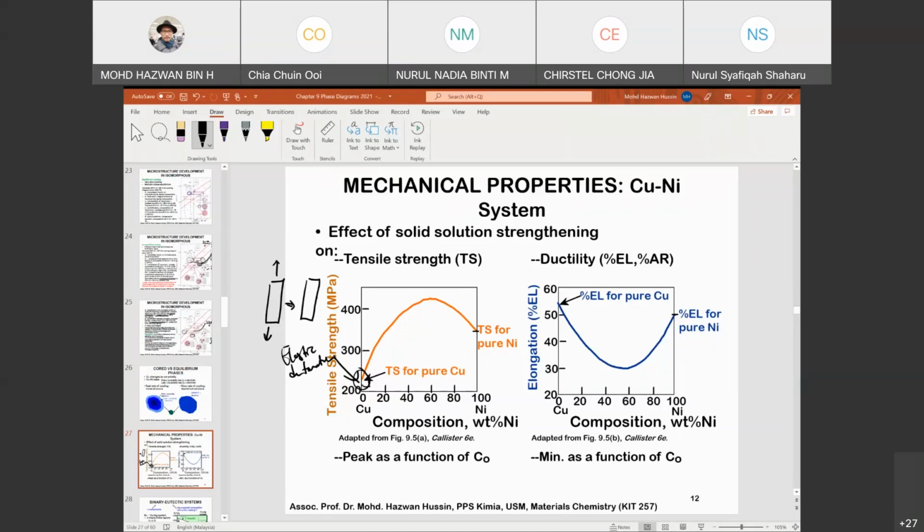Okay, right. But after a certain point, as you increase the composition and as you increase the tensile force, it will form what is called plastic deformation.